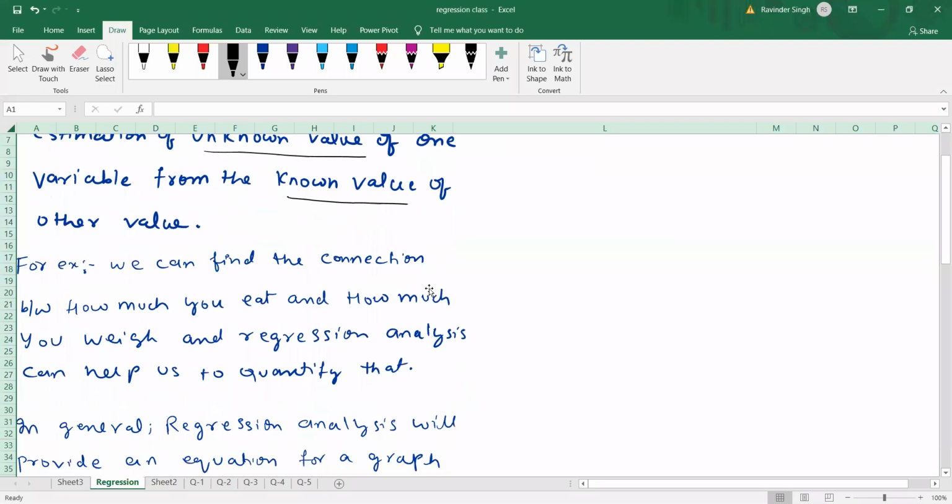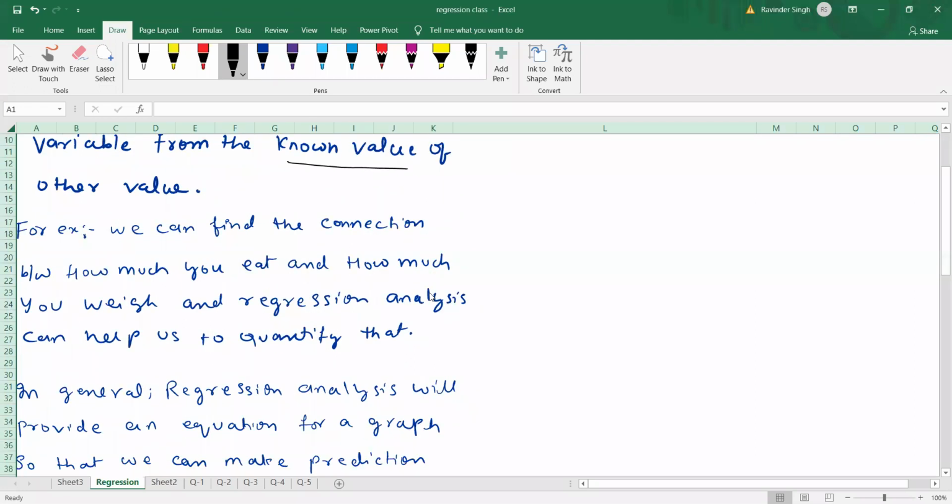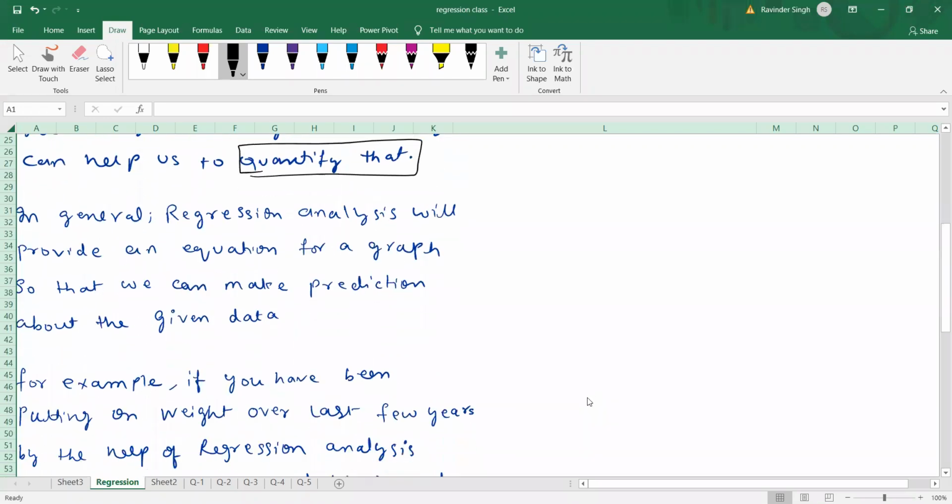For example, if we can find the connection between how much you eat and how much you weigh, regression analysis can help us find that value by the help of a straight line equation. In general, regression analysis will provide an equation for a graph so that we can make some prediction about the given data.